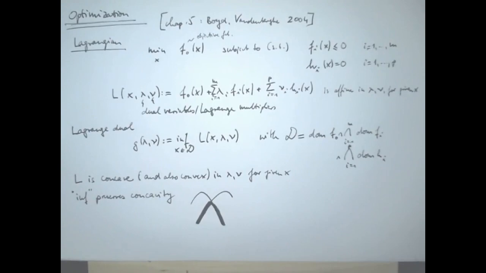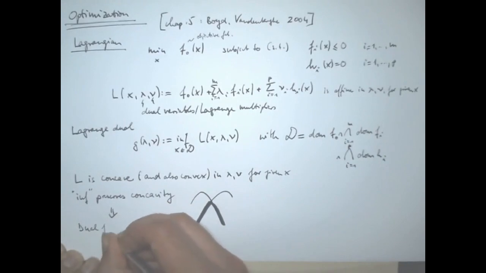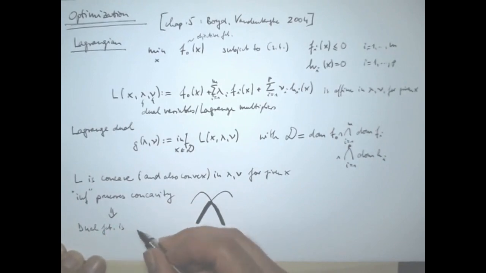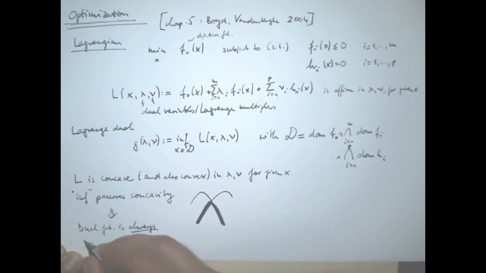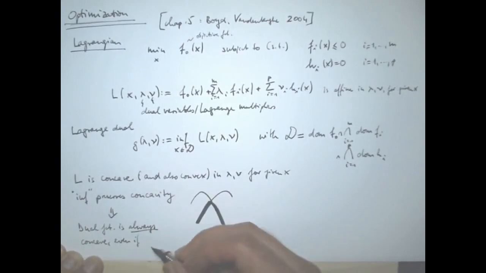And what we have then is that the dual function overall is concave. In fact, it's always concave, even if the primal is not convex.